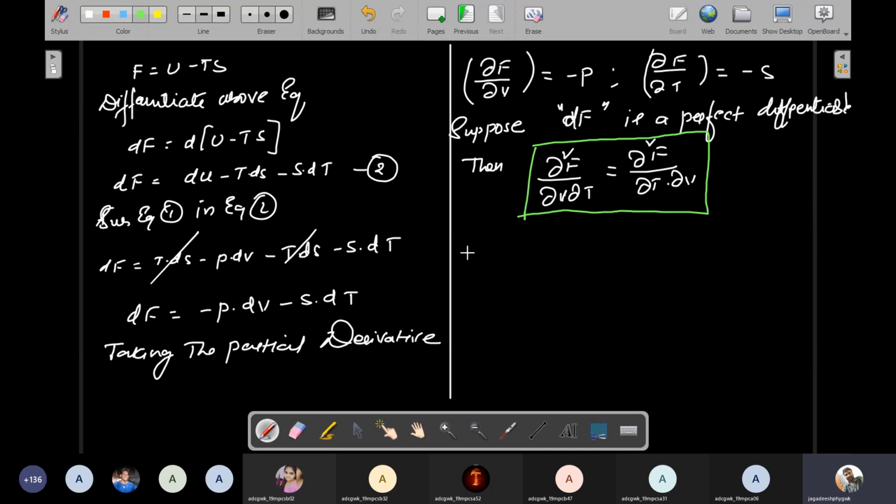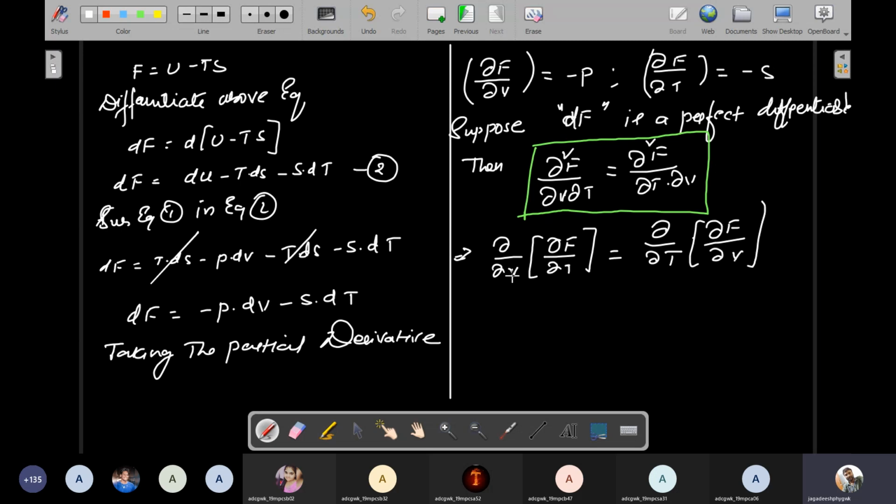Therefore from this equation we can write, splitting this function, dou by dou v of dou f by dou t is equal to dou by dou t of dou f by dou v. But we already have dou f by dou t, which is minus s.